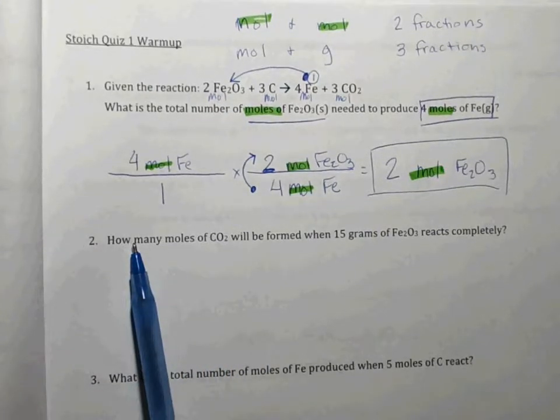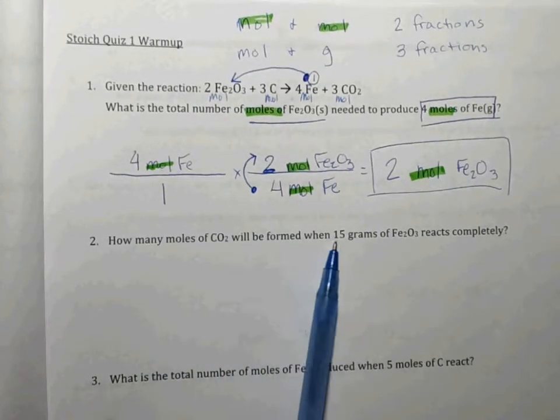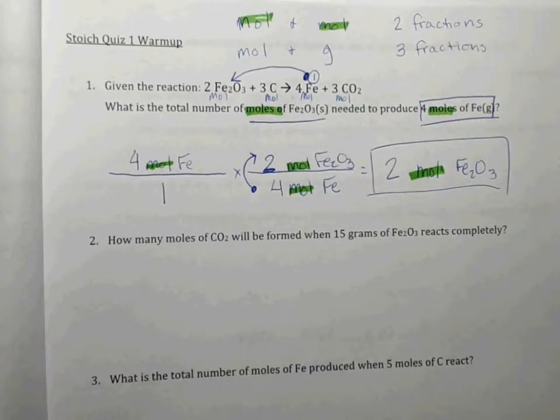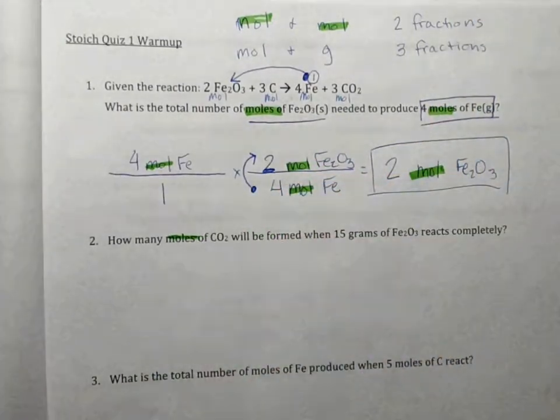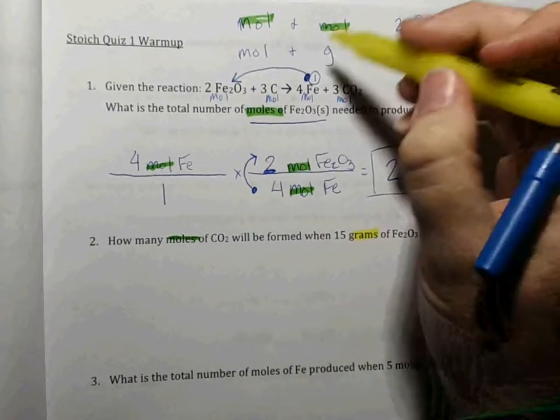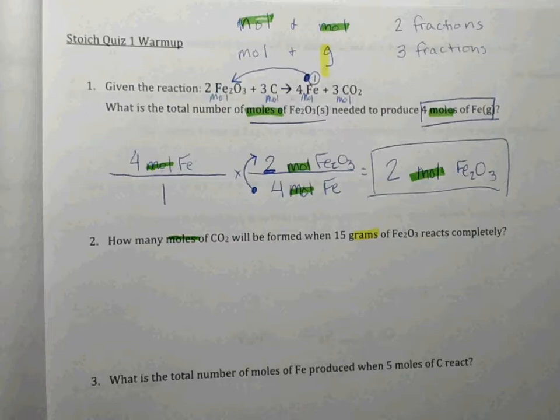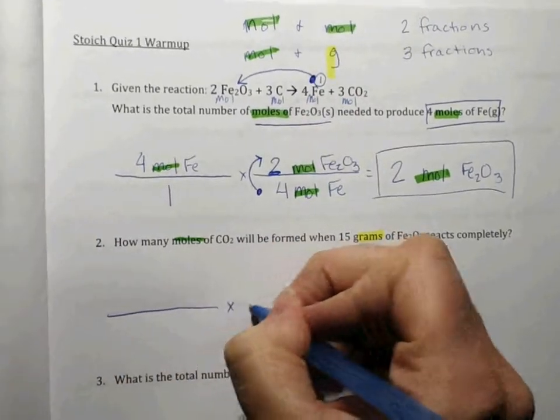Let's look at number 2. Number 2, how many moles of CO2 will be formed when 15 grams of Fe2O3 reacts completely? This problem has moles and grams. That's going to be a 3-fraction problem for moles and grams. So I can go ahead and draw my 3 fractions.